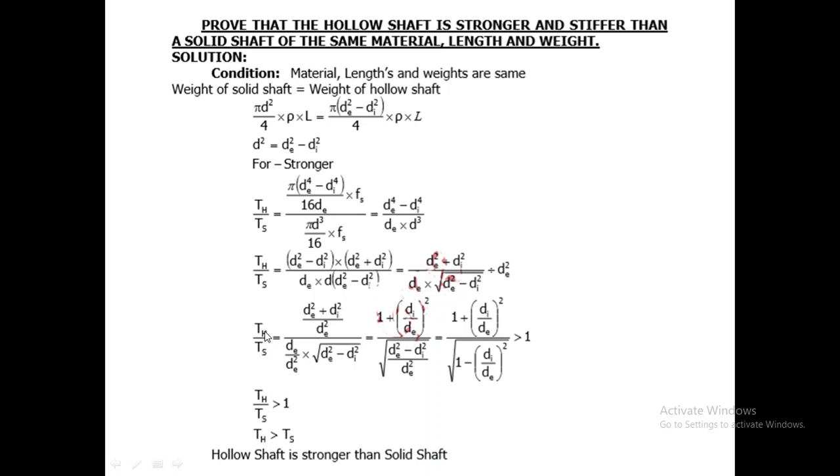So since the ratio of the torque of the hollow shaft is greater than that of the solid shaft, we can say that the hollow shaft torque is greater than the solid shaft, because the ratio is greater than 1. So we can say that the hollow shaft is stronger than the solid shaft for the same material and weight.